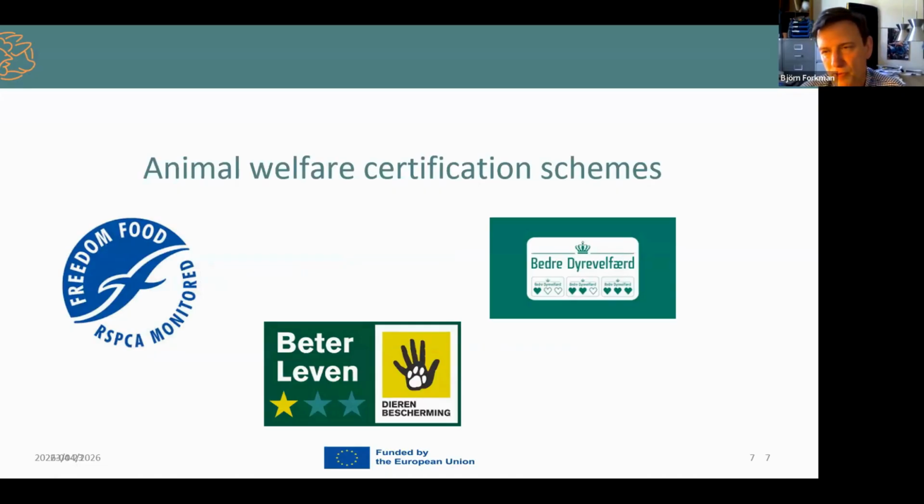So here are a couple of animal welfare certification schemes. Freedom Food, RSPCA monitored, is perhaps one of the best known.